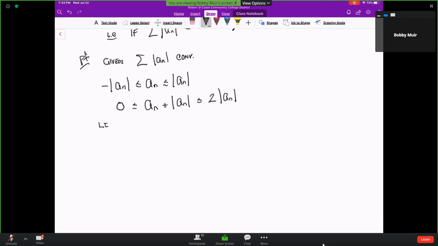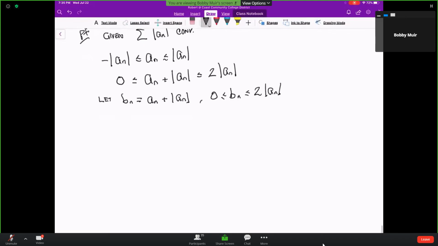So if we were to let B sub n be this A sub n plus the magnitude of A sub n, then my B sub n is sandwiched in between these two guys.